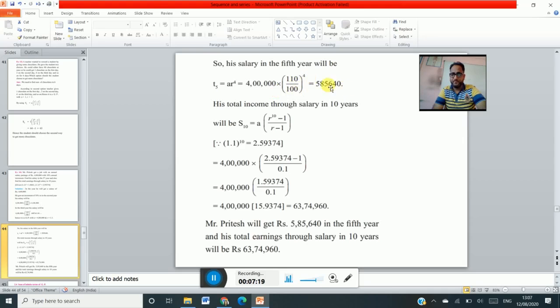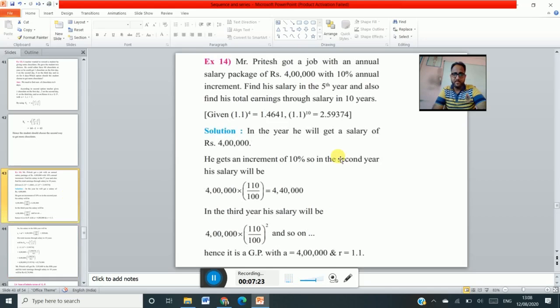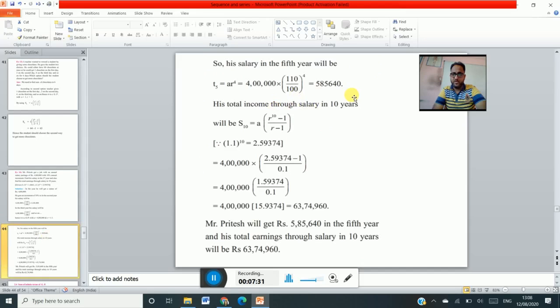The value of 1.1 to the power 4 is given: 1.4641. So 1.4641 into 4 lakh gives 5,85,640. It is the salary in the 5th year.